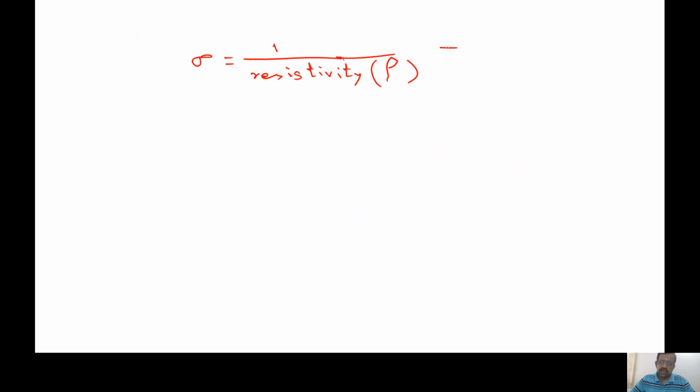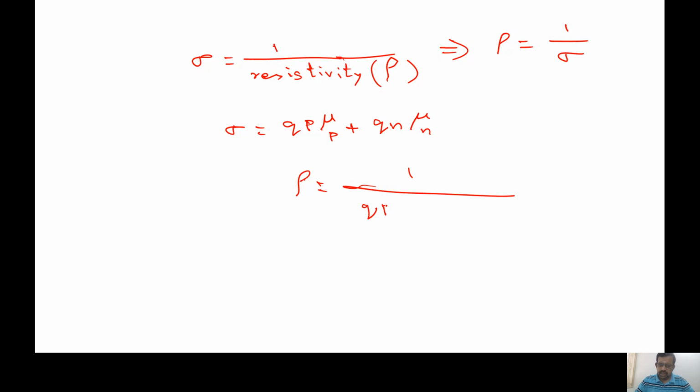Rho is the resistivity, so rho is 1 by sigma. And we know sigma is Q p mu p, where mu p is the mobility of holes, plus Q n mu n, where mu n is the mobility of electrons. So rho is therefore 1 by (Q p mu p plus Q n mu n).